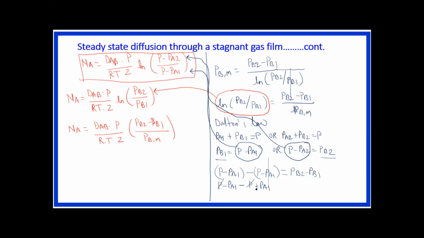So this is the PA1 minus PA2, right? So this PB2 minus PB1 now becomes PA1 minus PA2. So we can replace here.